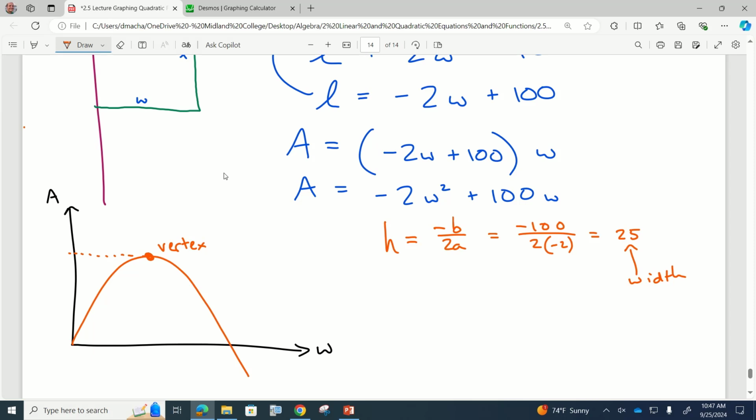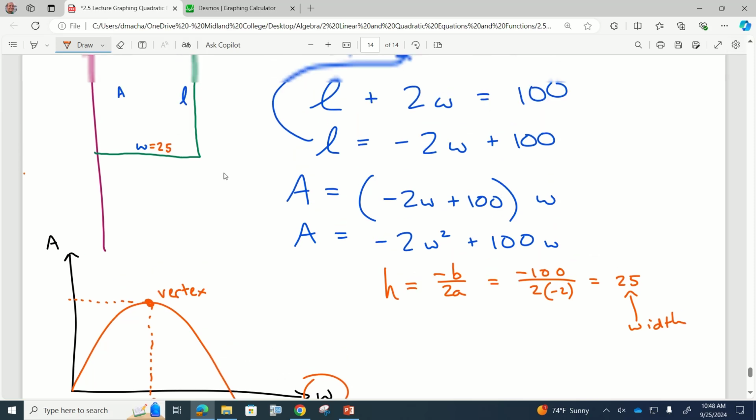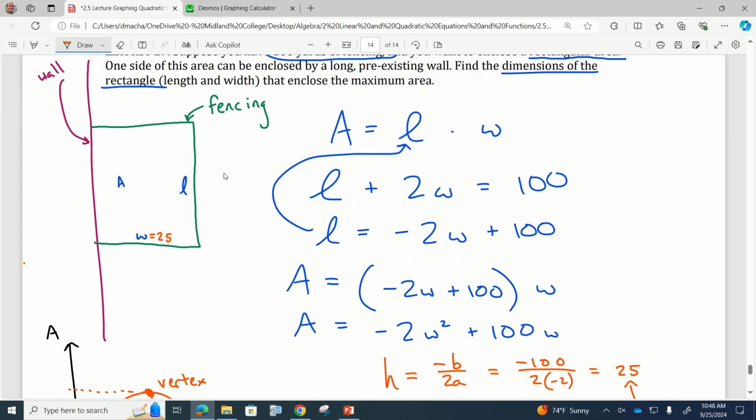If it's the x-coordinate of my vertex, that's actually the width here. And if that's my width, that side is 25. This side is the same because it's a rectangle, so 25, 25. How much do I have left over for my length? 50. And if area is length times width, that's 50 times 25. So my area is 1,250.